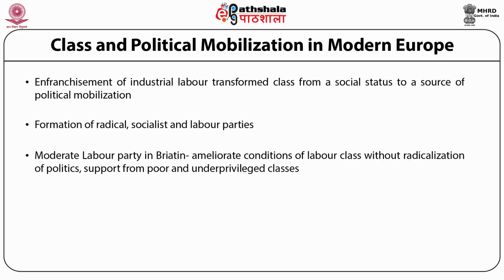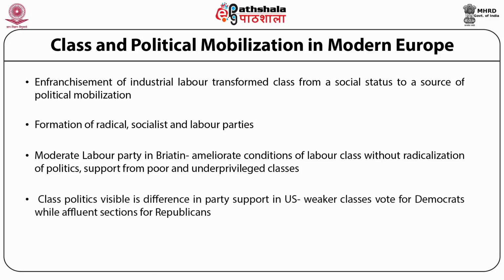In fact, if we look at the policies framed by the Labour Party, we would find that most of these policies have been formulated primarily to ameliorate, to improve the conditions of these classes. So the social security measures advanced by the Labour Party have been far more significant than those advanced by the Conservative Party.